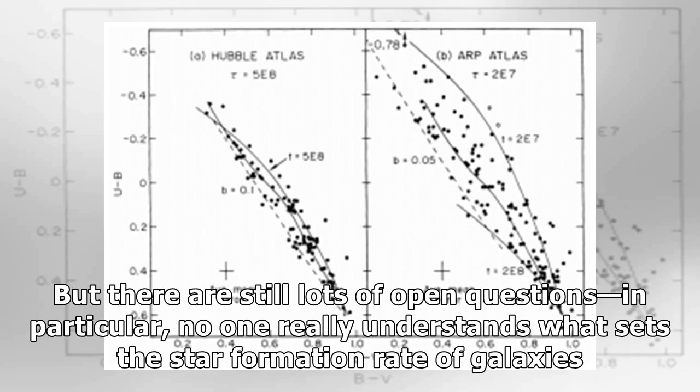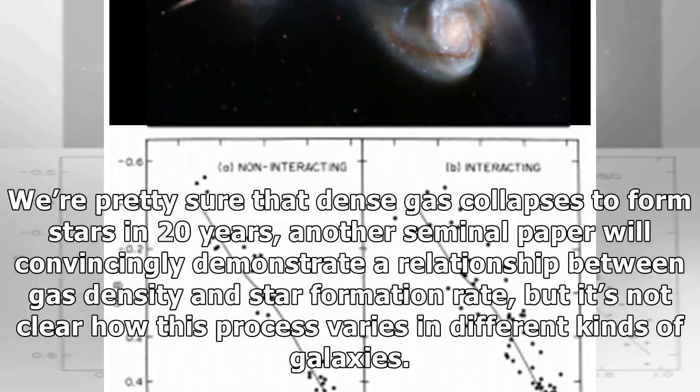But there are still lots of open questions. In particular, no one really understands what sets the star formation rate of galaxies. We're pretty sure that dense gas collapses to form stars. In 20 years, another seminal paper will convincingly demonstrate a relationship between gas density and star formation rate, but it's not clear how this process varies in different kinds of galaxies.